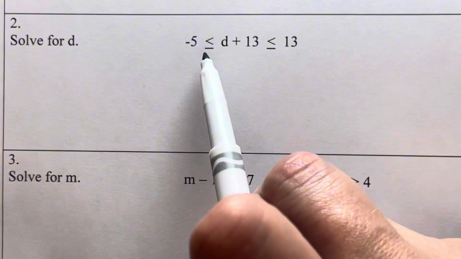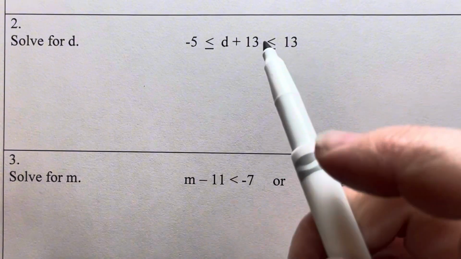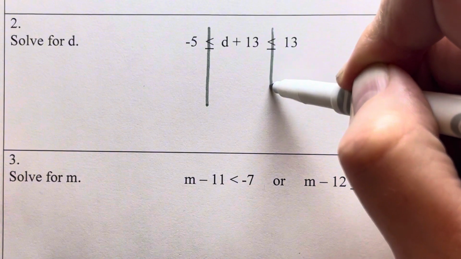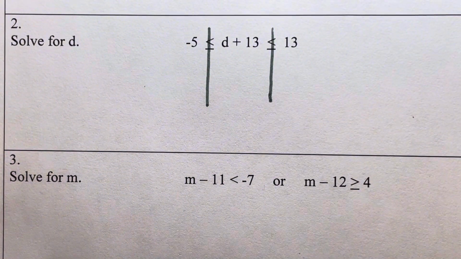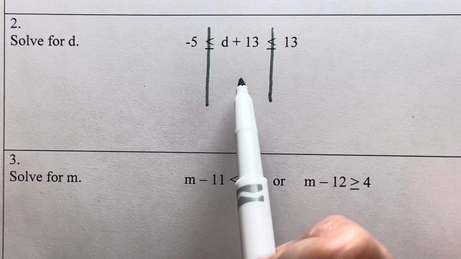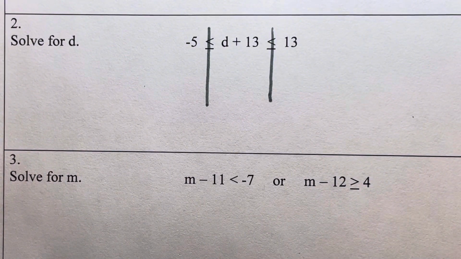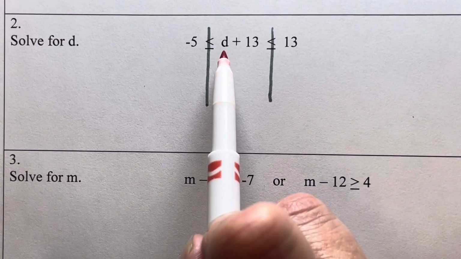So you have what would in equations be two equal signs, but with inequalities you have two less than or equal signs. And we're going to draw rivers through both of them, essentially creating an island in the middle with shores on either side.